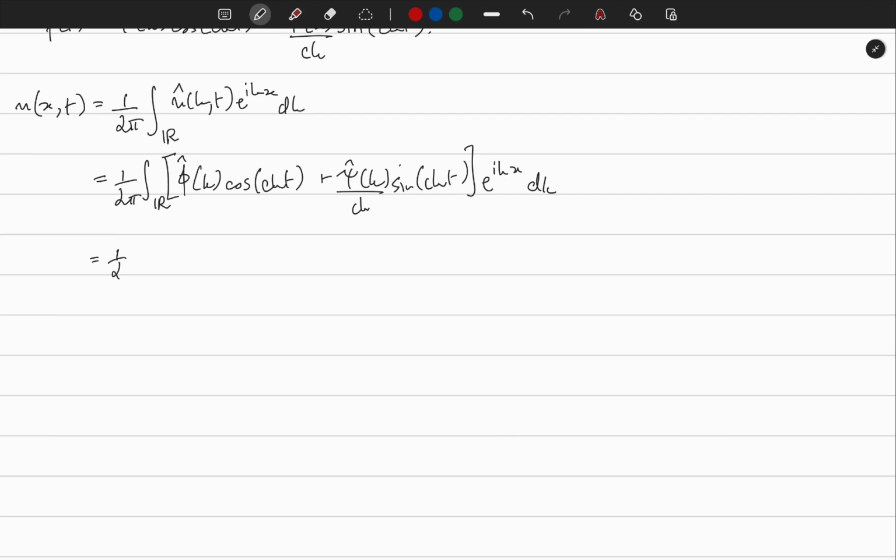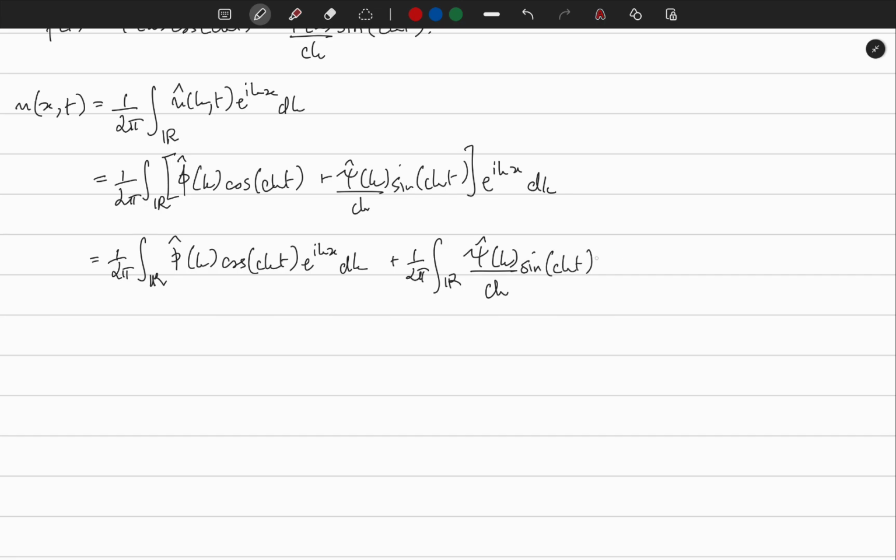By the linearity property of the integral, we can split up the integral into two integrals from this sum. Doing so, we will get 1 over 2 pi, the integral going over the reals of phi hat of k cosine ckt multiplied by a factor of e to the ikx dk, plus 1 over 2 pi, integral going over the reals of psi hat of k over ck times sine of ckt times a factor of e to the ikx dk.